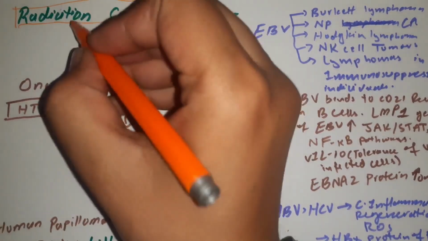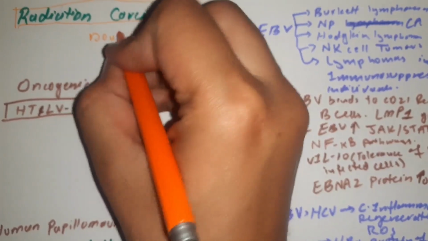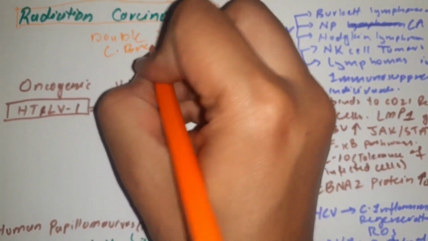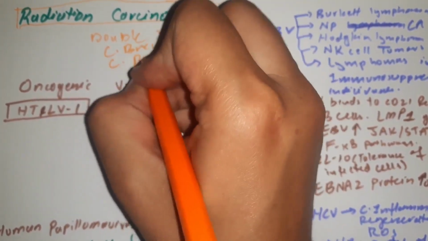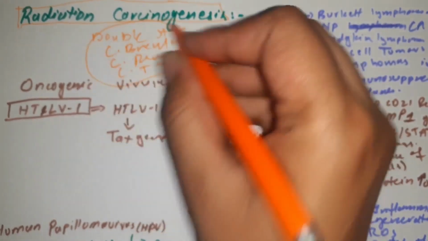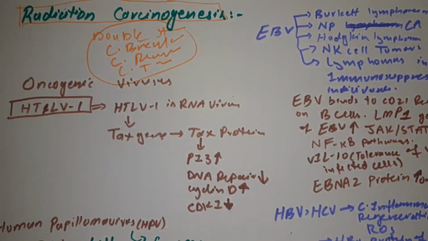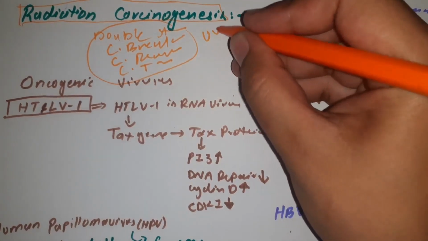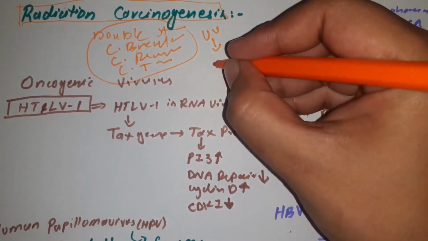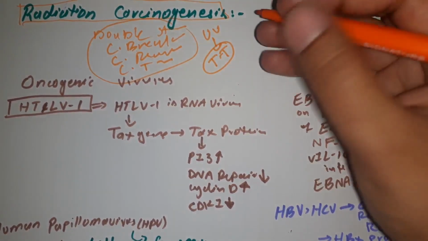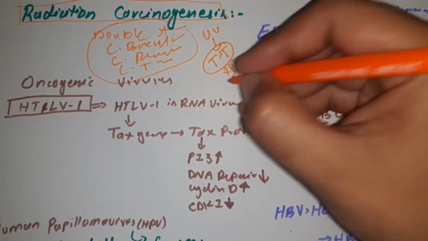These rays can induce double-strand breaks, chromosomal breaks, chromosomal rearrangements, chromosomal translocation, etc. They can induce different kinds of mutation which can all lead to carcinogenesis. Moreover, we have studied in xeroderma pigmentosum that ultraviolet rays can lead to formation of pyrimidine dimers, and these dimers, if DNA repair mechanisms are defective, as in xeroderma pigmentosum, can lead to carcinogenesis.